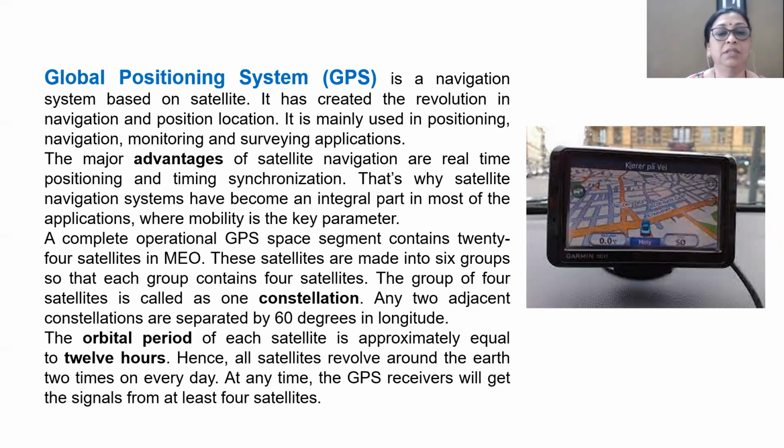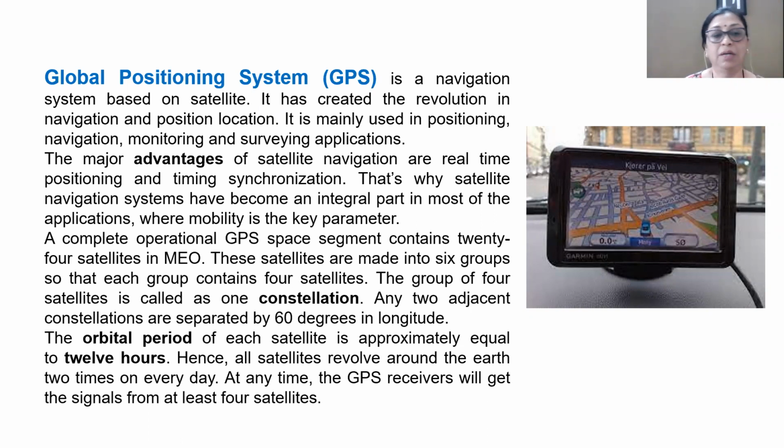Now, generally, GPS consists of 24 satellites. So you remember this. 24 satellites are used for this application, and these satellites are called MEO satellites. MEO means medium Earth orbit satellite.